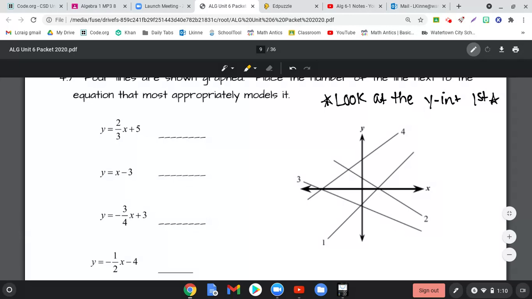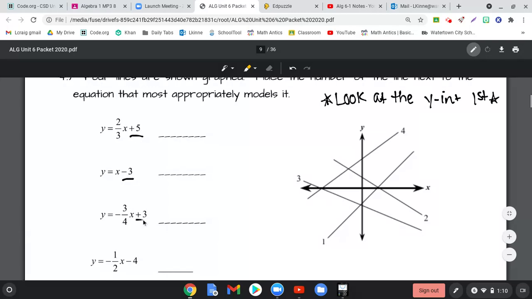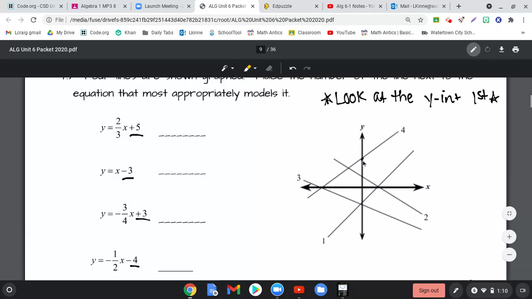And then decide if the slope's going the right way. So we've got 5, -3, +3, and -4. So what's the biggest y-intercept up here? 5. So that's going to be the highest point on the y-axis, right there.